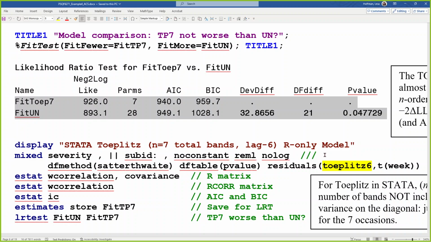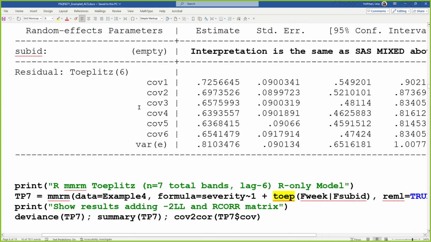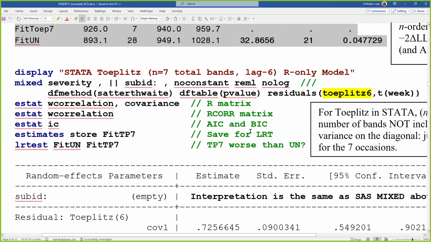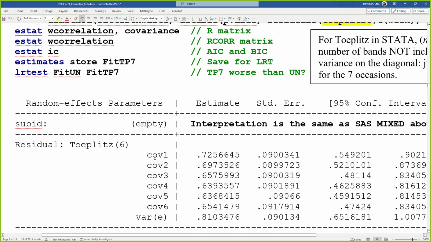So it is significantly worse, but not by much? Yeah, just barely worse is what I would probably call that. Like it's just on the other side of 0.05. So it's not bad. Stata's output, by the way, does not pay attention to the fact that it's weeks in here, and it just starts listing them in order. So Cov 1 through 6 as opposed to 2 through 7. I can live with that.